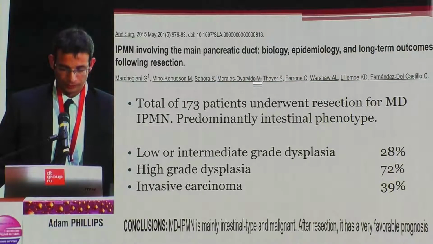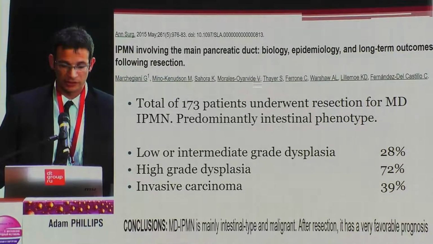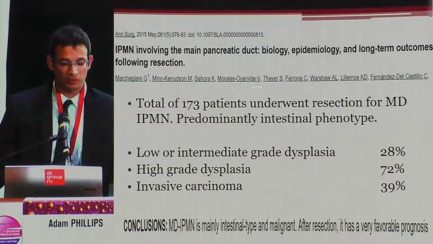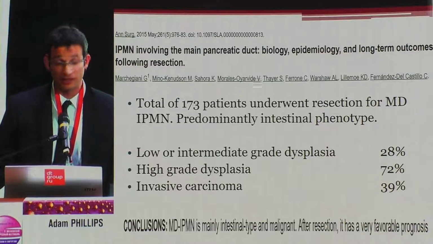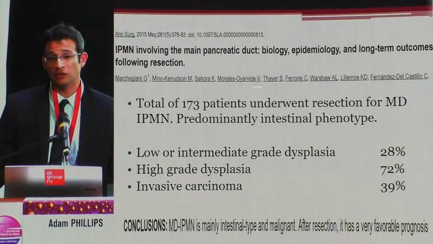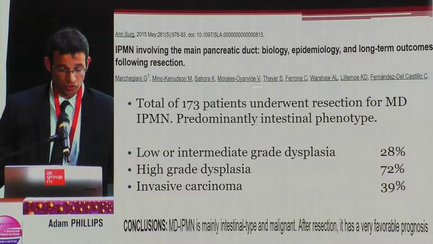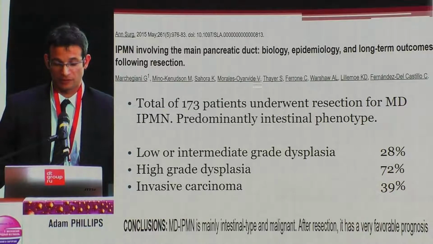What do we know? If we are taking the patients that underwent resection for main pancreatic duct, we see that in our pathology, most of the patients have high-grade dysplasia in 72% of the patients, and invasive carcinoma in almost 40%. So we know that main duct IPMN have a high malignancy rate, and if we are going to resection, it has a favorable prognosis for the patients.